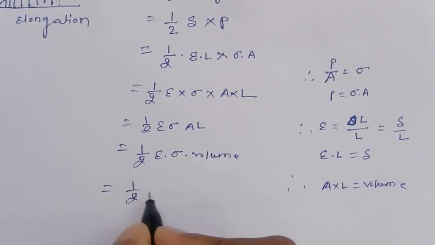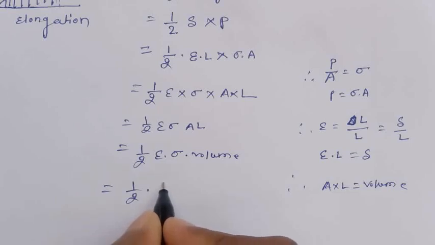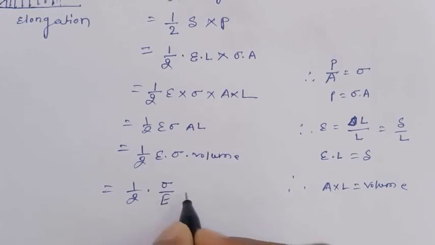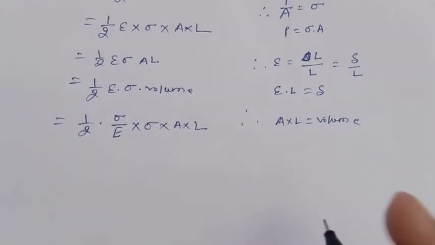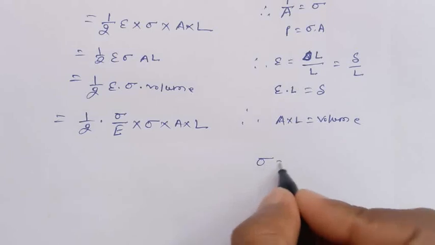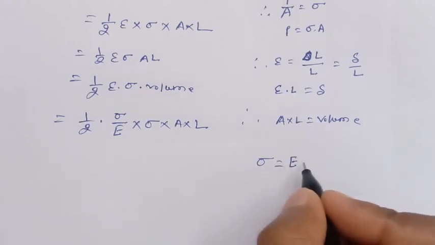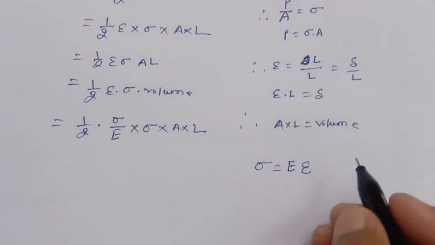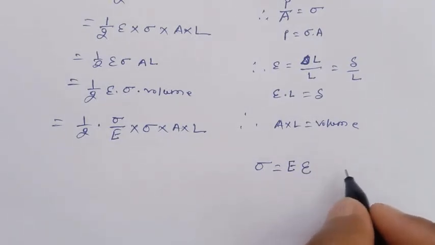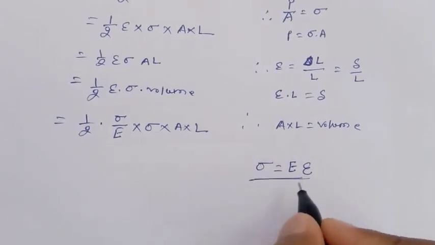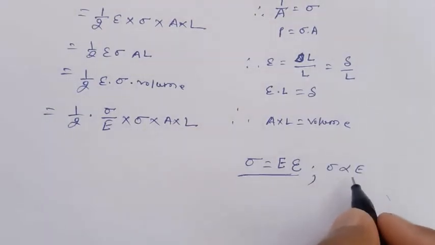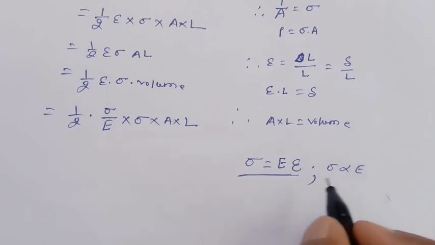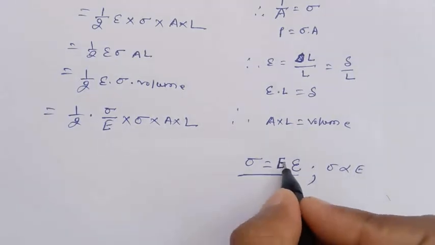Epsilon we can also write as sigma by E, into stress into A into L. Here you can see that stress is nothing but E into strain up to the elastic limit. This is valid up to the elastic limit, where sigma is directly proportional to strain, and then the proportionality constant is the modulus of elasticity.